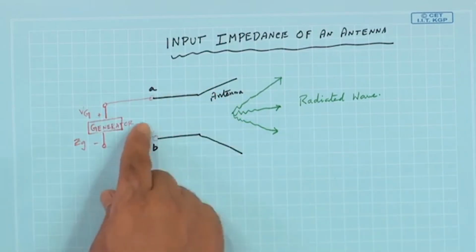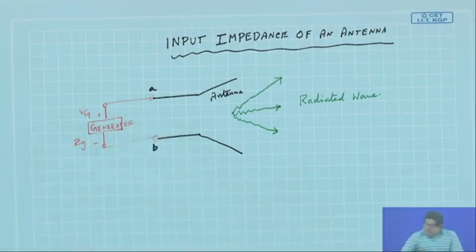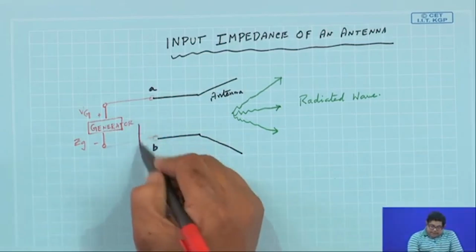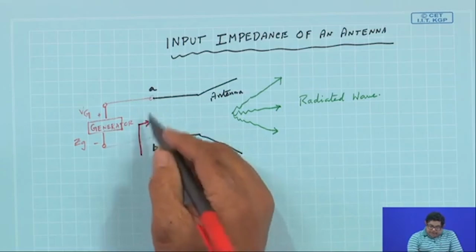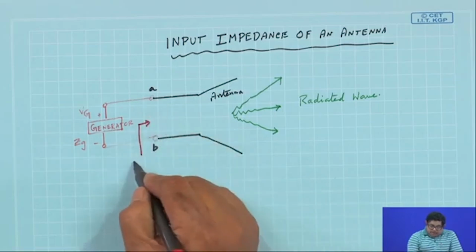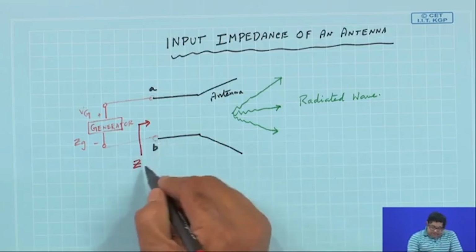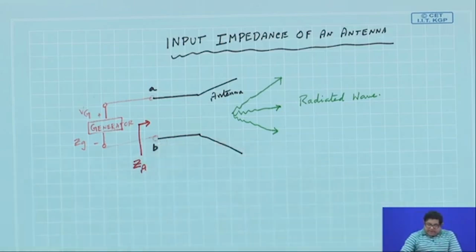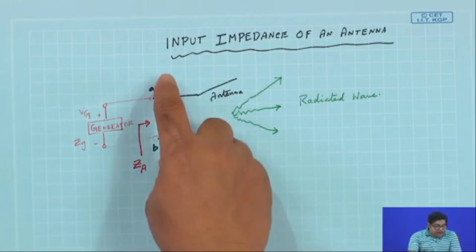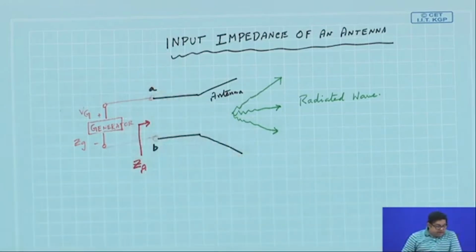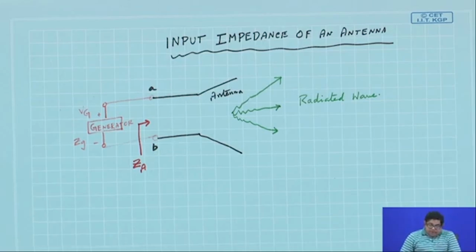So, at this point, whatever we are seeing, we can call the antenna's impedance, that means the voltage to current ratio at this AB terminal will be called the antenna's impedance. So, this is the case in the transmitting mode.